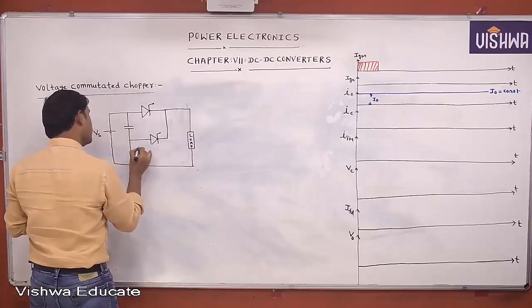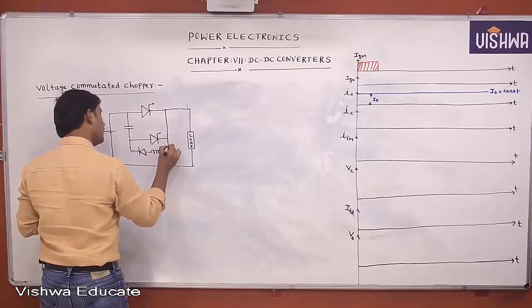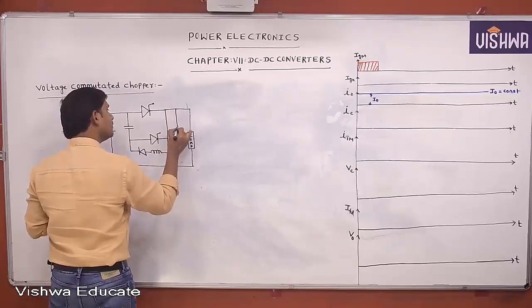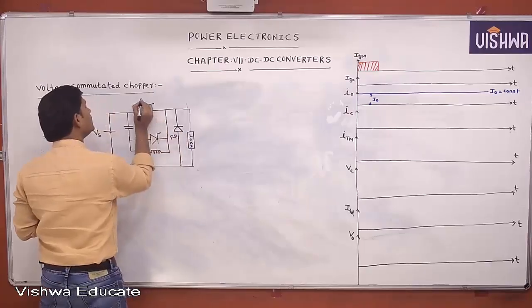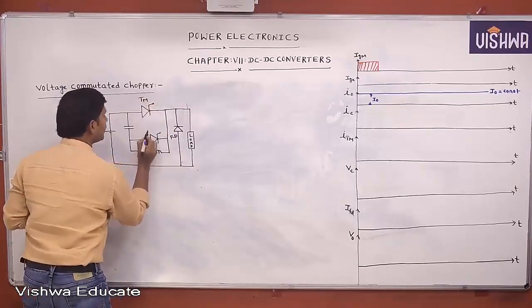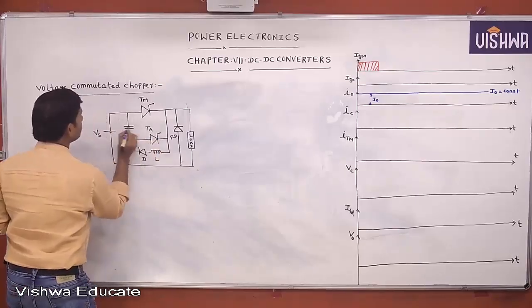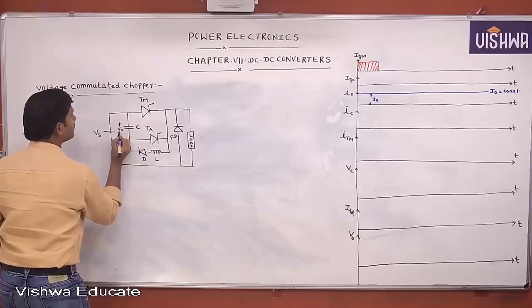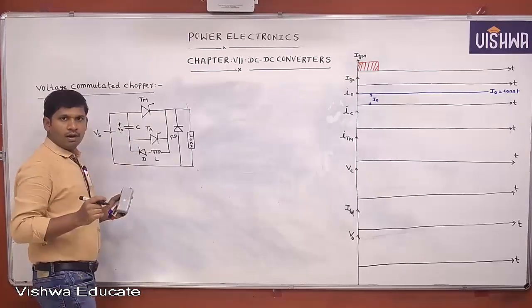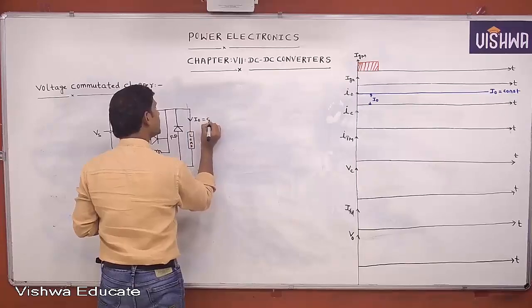This diode, inductor, freewheeling diode. This is the main thyristor, auxiliary thyristor, diode, inductor, capacitor, with plus-minus Vs. And we are supplying constant current to the load; I0 is constant.